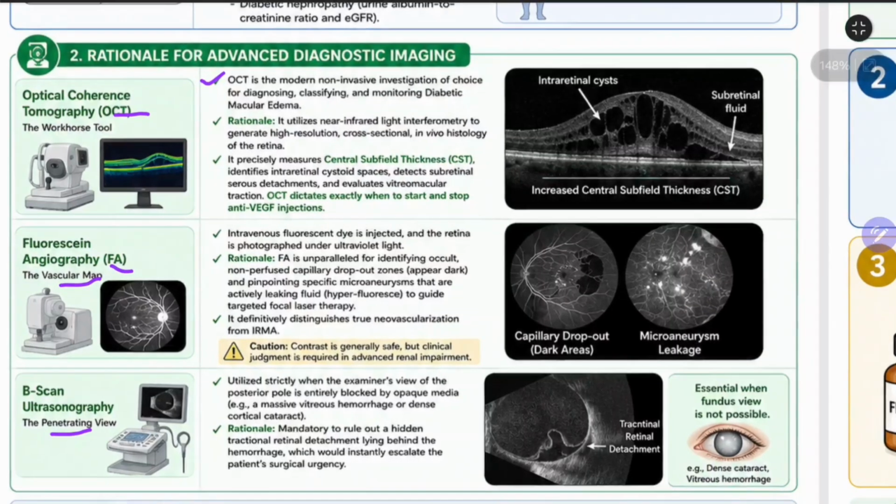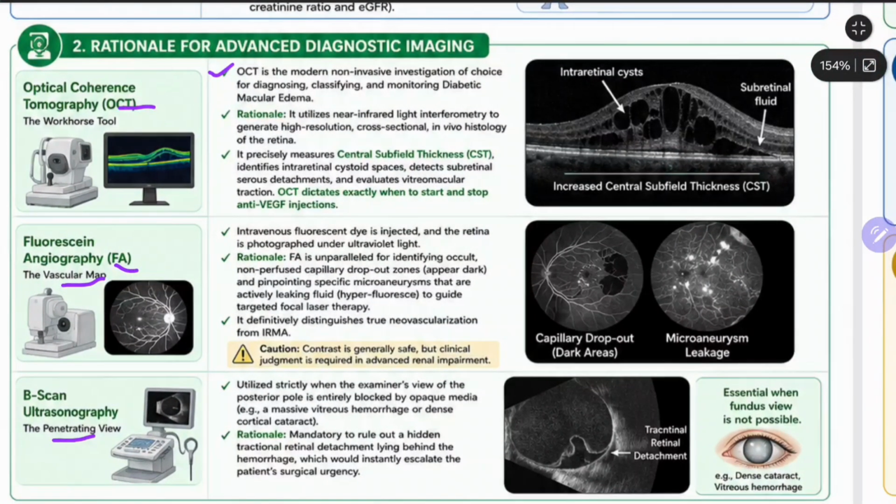OCT is the modern non-invasive investigation of choice for diagnosing, classifying, and monitoring diabetic macular edema. What is the rationale? It utilizes near infrared light interferometry to generate high resolution cross-sectional in vivo histology of the retina. So you will use OCT mainly for diabetic macular edema.